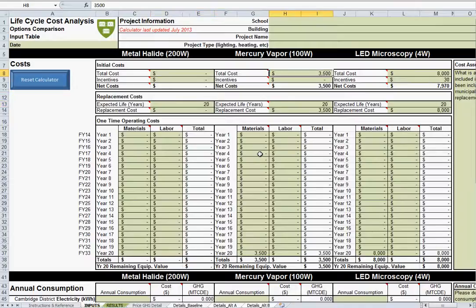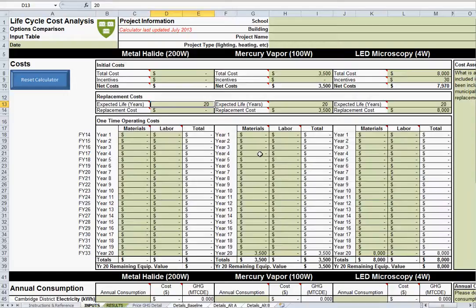So for the metal halide and the mercury vapor lamps, the fixtures themselves are going to last a long time. However, these lamps have a very low lifetime. They can last about 2,000 hours, and it just so happens that based on some information we got from the medical school, they're using these things about 2,000 hours a year.